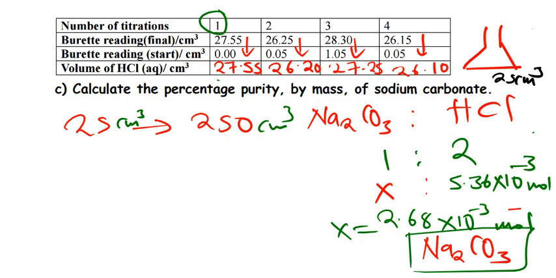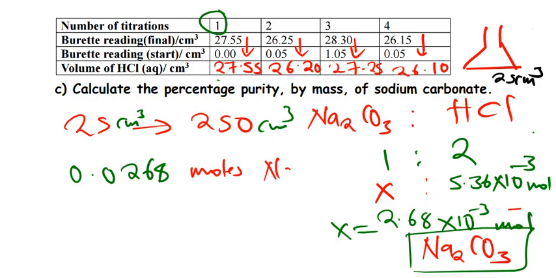So 2.68 times 10 to the power negative 3 times 10. That gives us 0.0268 moles. This is moles of what? Of sodium carbonate.